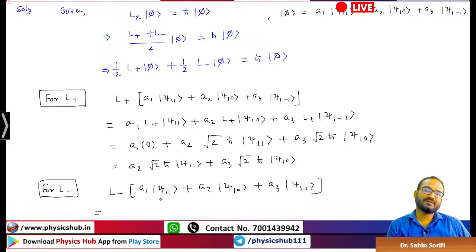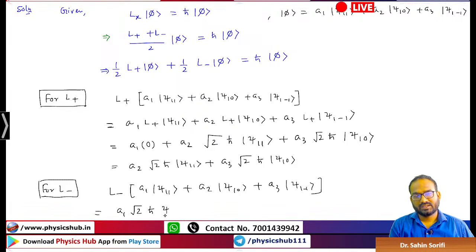Now for L minus, minus m into m minus 1. So this is 0, but this will be root 2, right? So a1 root 2 h cut psi 1 and 1 unit less, so 0, plus a2 psi 1 0, so square root of 2 h cut psi 1 minus 1.